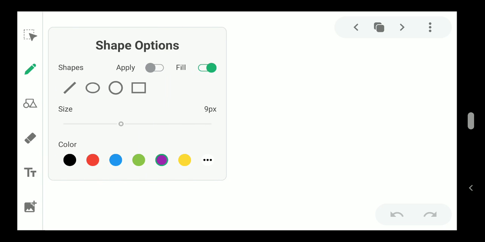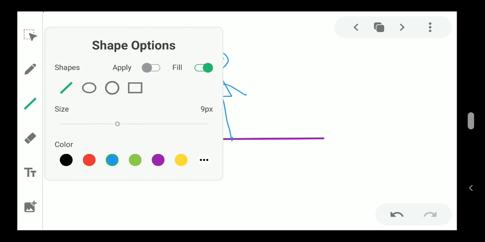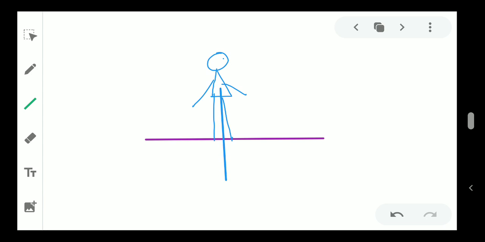So see one thing, when we stand on any floor, we know that our earth is always pulling us downward, right? So the gravitational force is acting downward and earth is pulling us.